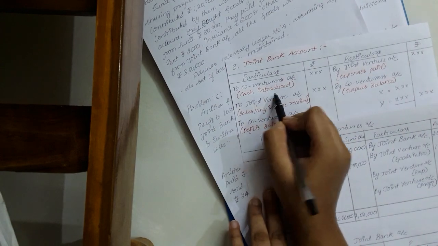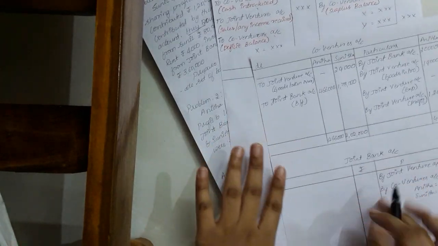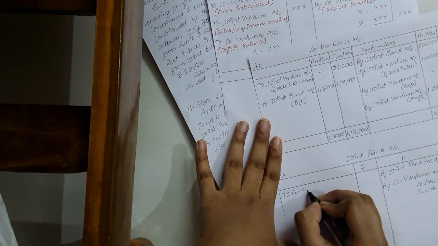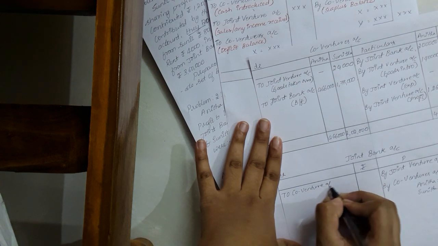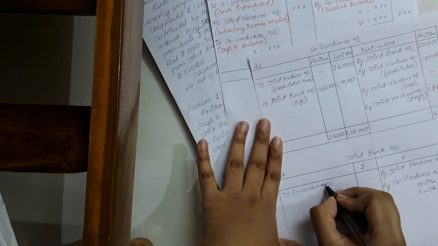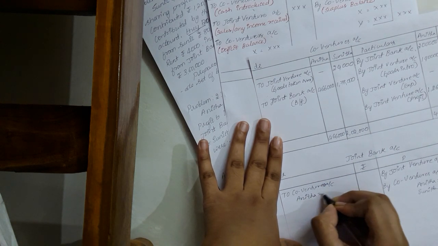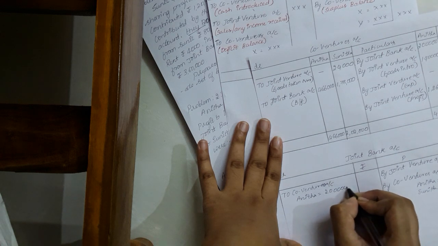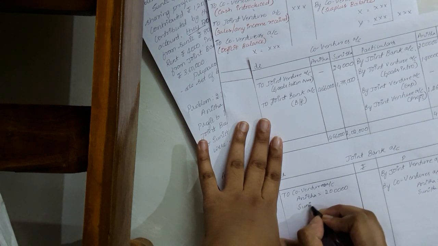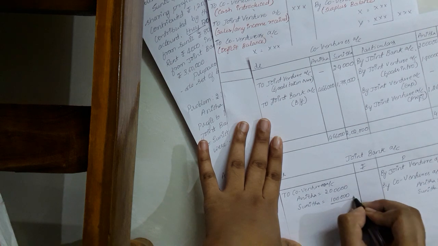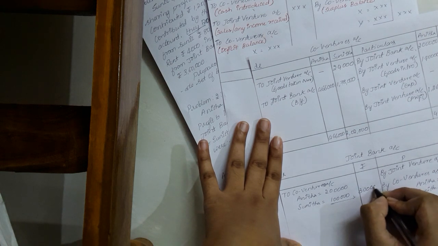On the credit side, what is there? To co-ventures account, cash introduced. Yes, the co-venturers have introduced cash. What is the cash that has been introduced? Anita has introduced 2 lakh and Sunita has introduced 1 lakh rupees. So it is totally 3 lakh of cash introduced.